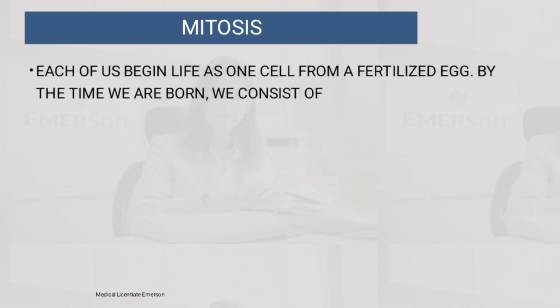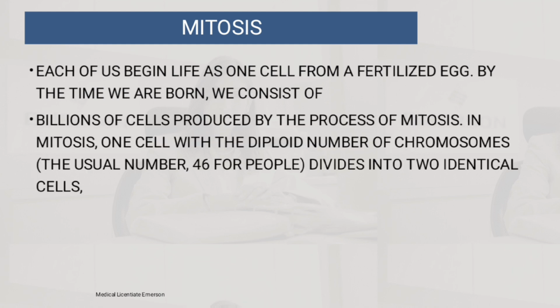So let's now go into details. Mitosis: each of us begins life as one cell from a fertilized egg, and by the time we are born, we consist of billions of cells produced by the process of mitosis.